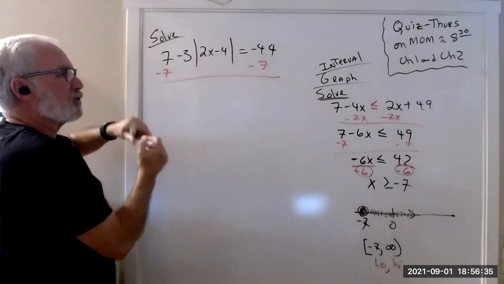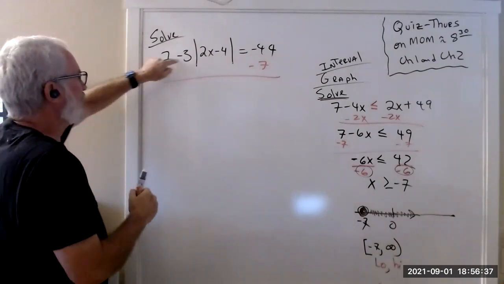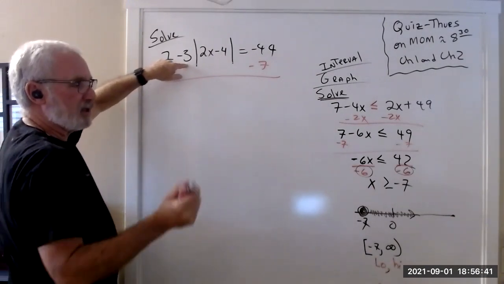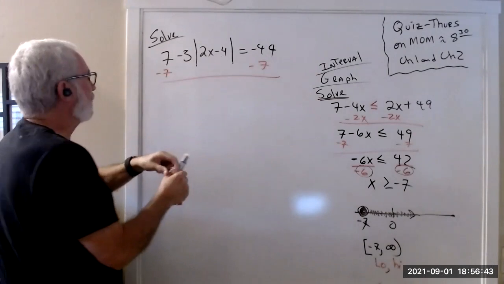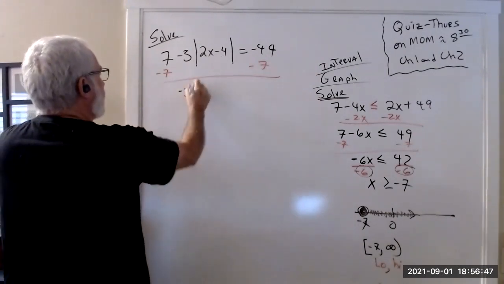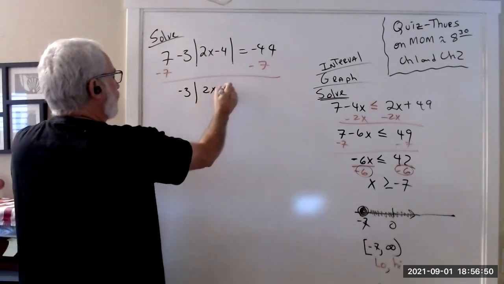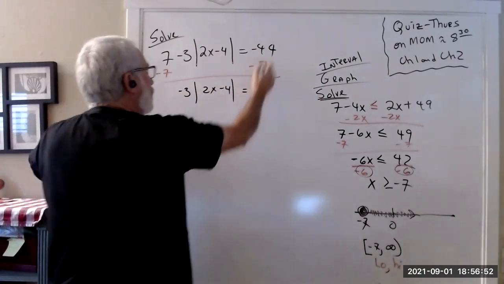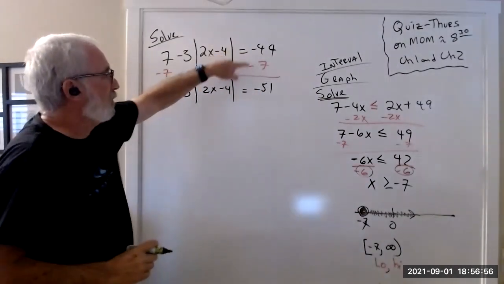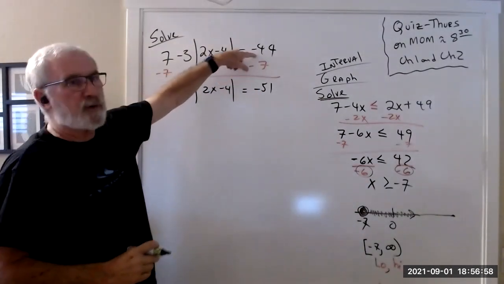Remember, we had a discussion last night. You can't do 7 take away 3. That's violating equation solving. I'll explain it differently in a minute. But we do that. Anyway, take 7. You get negative 3, absolute value 2x minus 4 equals negative 51. Negative 44, take away 7. You lost $44.